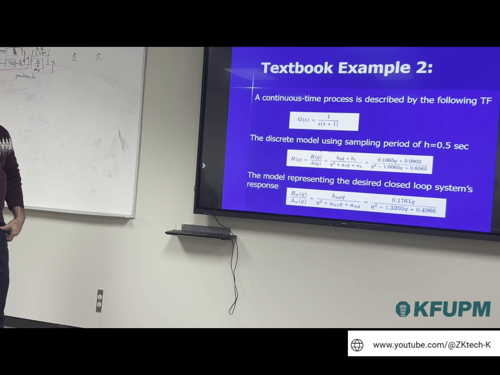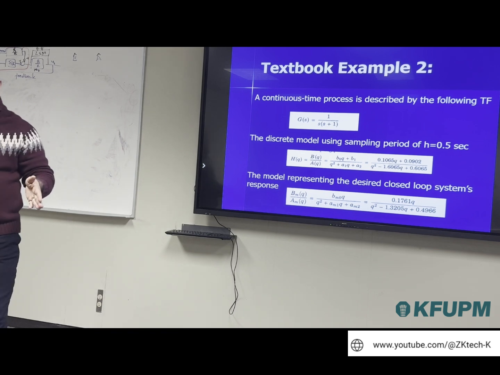Everybody is okay with this? Yes? Because you said MATLAB sometimes gives you a complex model, and if you use another method that you show us, it will give you less complex. MATLAB can give you three ways to do the continuous to discrete conversion.